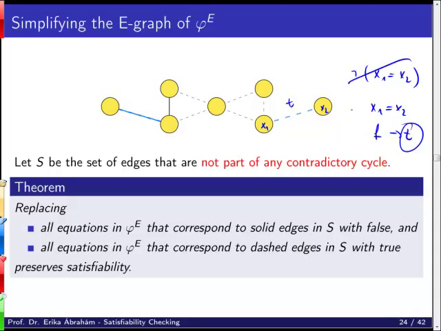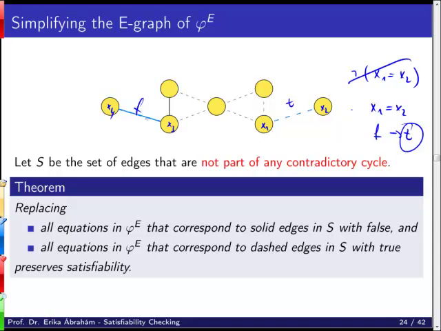So I can just start with true. And what about this one, let's say between x3 and x4? Which value will satisfy the formula more? False, since it only appears negated. So let us assume we assign true here, false here, and then we can forget about it.